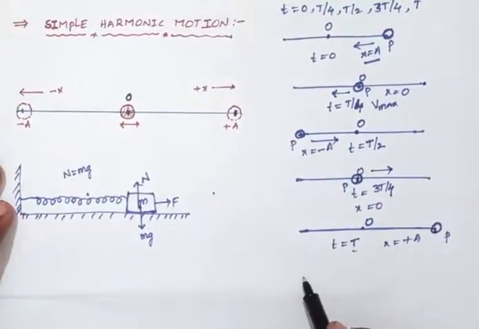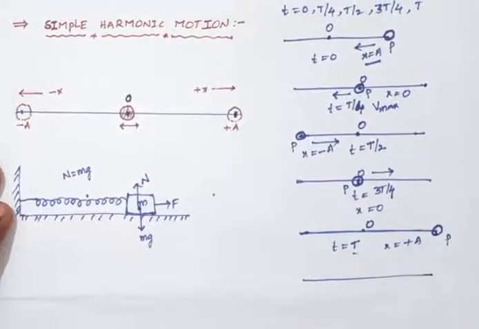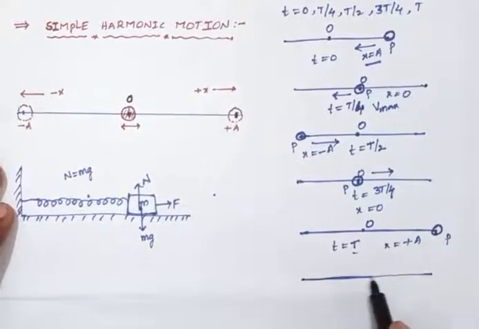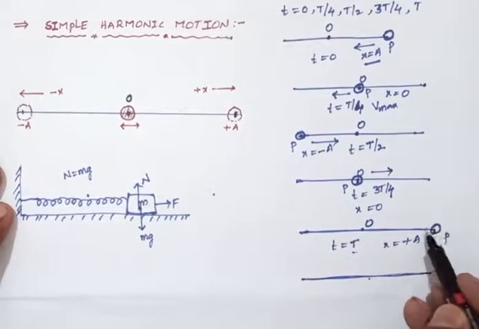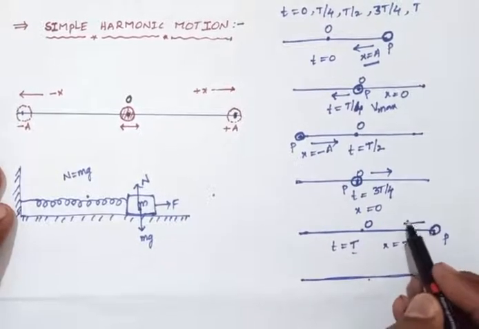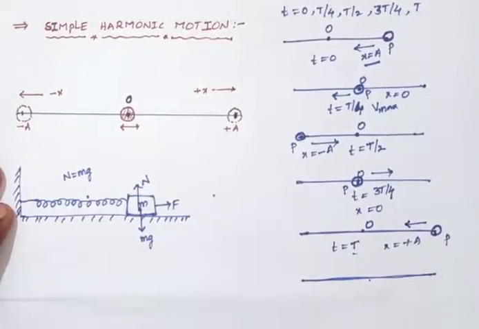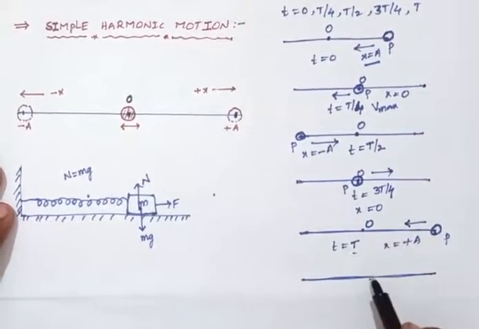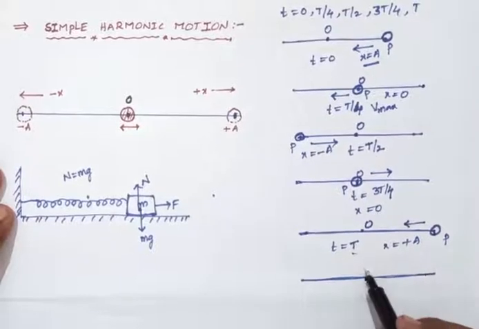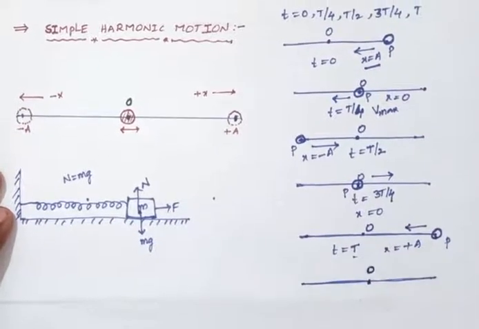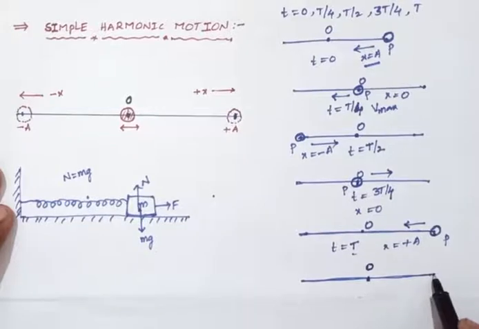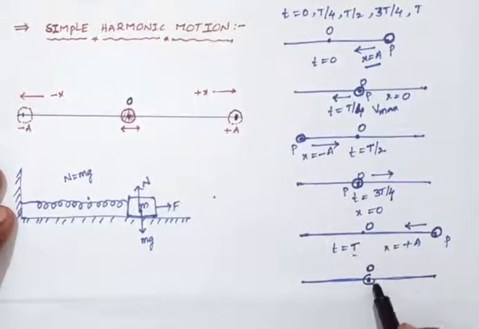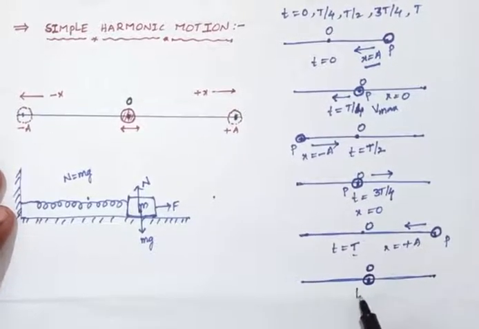Again we take the fifth position, which is point O. What is the direction? The direction is negative, the left side. The particle moves again to the left side, at point O, at time t equals 5T by 4.